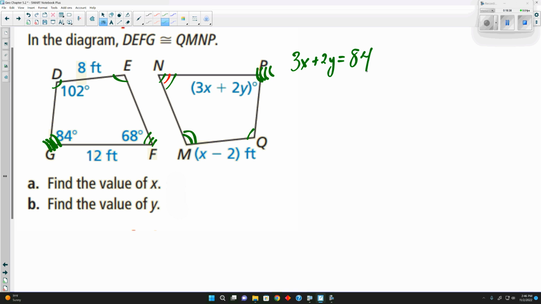This time it is 84, unlike last time. But we also know what? X minus 2 is?